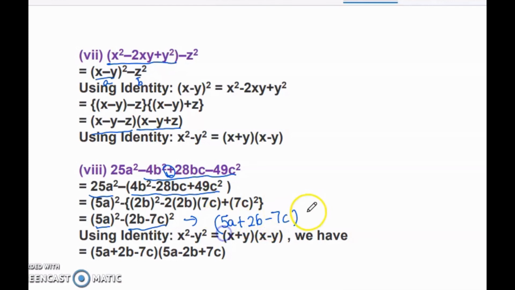This will be one factor, and the second factor will be 5a minus of 2b minus 7c. So this factor minus is common for both these terms. So this will become 5a minus 2b, minus and minus together will become plus. So these will be the two factors, 5a plus 2b minus 7c into 5a minus 2b plus 7c.